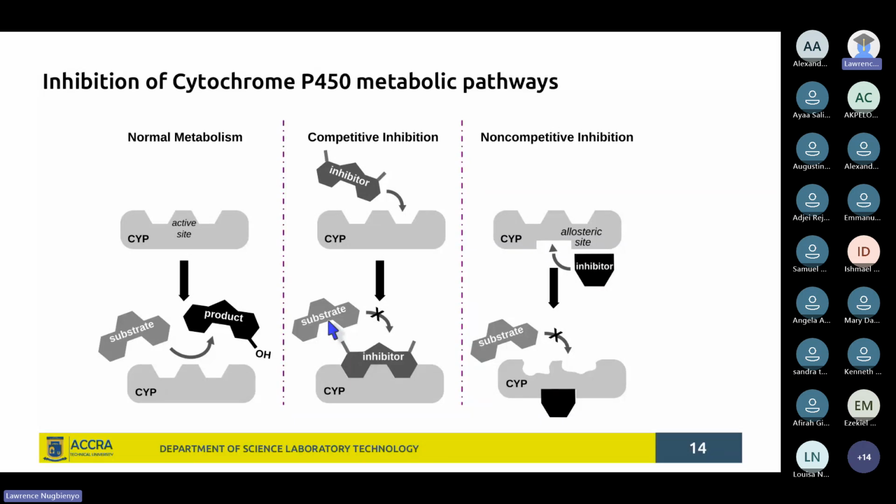You do also have non-competitive inhibition in these cases, not as common as the competitive inhibition, which we also saw, where you have the inhibitor binding to some allosteric site, which is different from the active site of the enzyme.